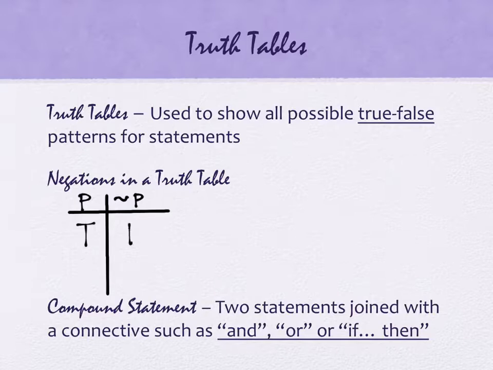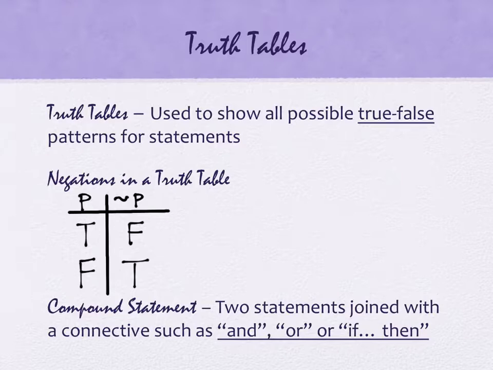It's false. That's exactly how we created the statements, right? And if your original statement is false, then the negation is true. So this is the most simple truth table that we will see. Everything else will have more T's and F's in it than this.